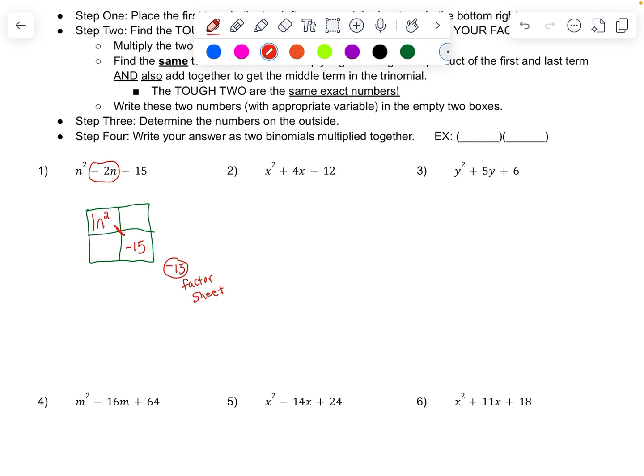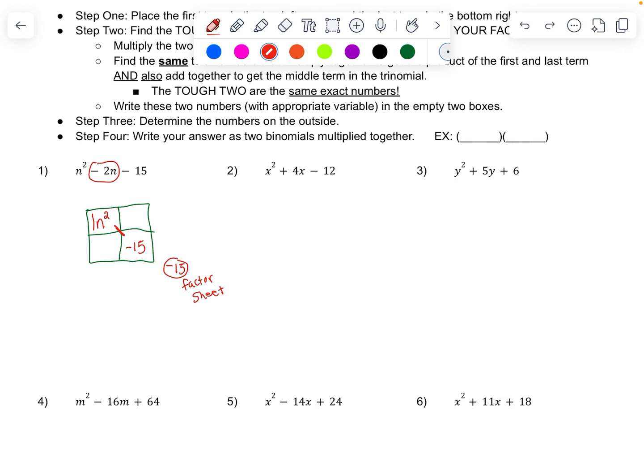So that means those two pairs, I'm going to star this here, will go here and here. It's either going to be 1 and 15 that go in those two star boxes, or a 3 and a 5. Now, they might not all be positive. There might be one negative and one positive.